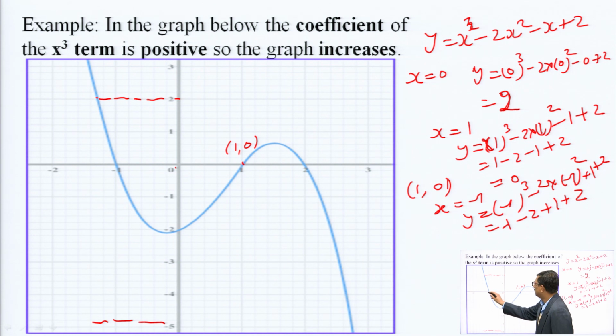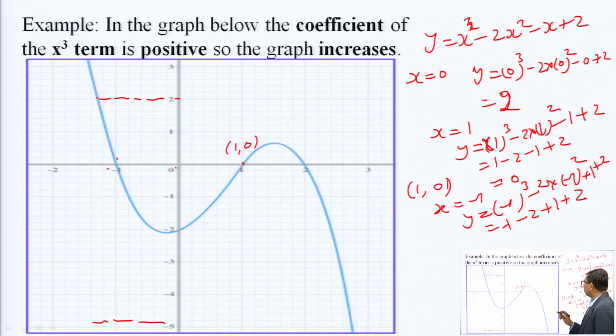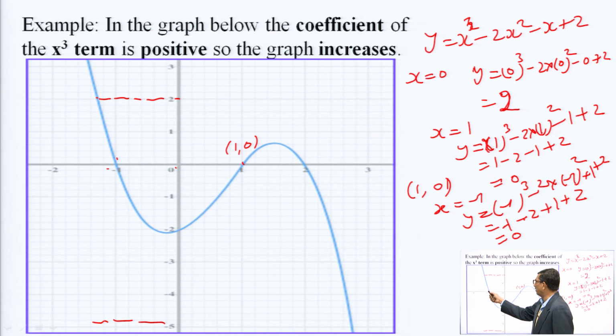So, when x equal to minus 1, y equal to 0. Minus 1 cube is minus 1, 2 into minus 1 square is minus 2, then minus of minus 1 becomes plus 1, and plus 2. So, this is 0, and the point is minus 1, 0.